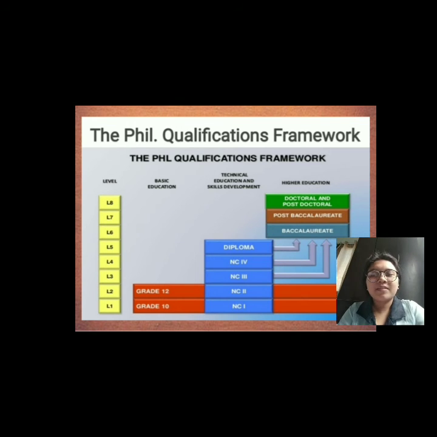Level 3, they get the NC3. Level 4, the NC4. Level 5, the diploma. They can get this diploma if they finish the baby thesis, or this is the requirement to have this diploma. And level 6, this is the bachelor's degree, which is 4 years in college or 5 years in medical school. And we have level 7, that is the master's degree.